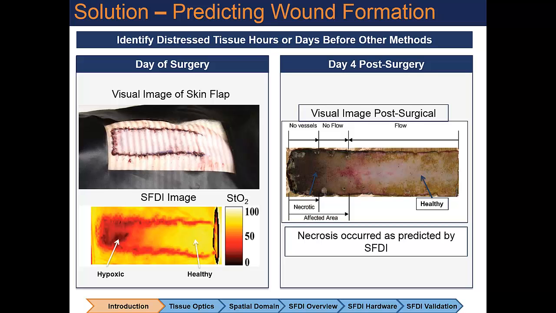And then we've shown through various validations, which I'll talk to you about later, that you can predict exactly where the wound is going to occur. Now, this is a model that was designed with an aspect ratio that is too long, such that there won't be perfusion here. And what you see, we do see that it's hypoxic on this end, it's healthy on this end, and that's predictive of histological-based validation in the end.